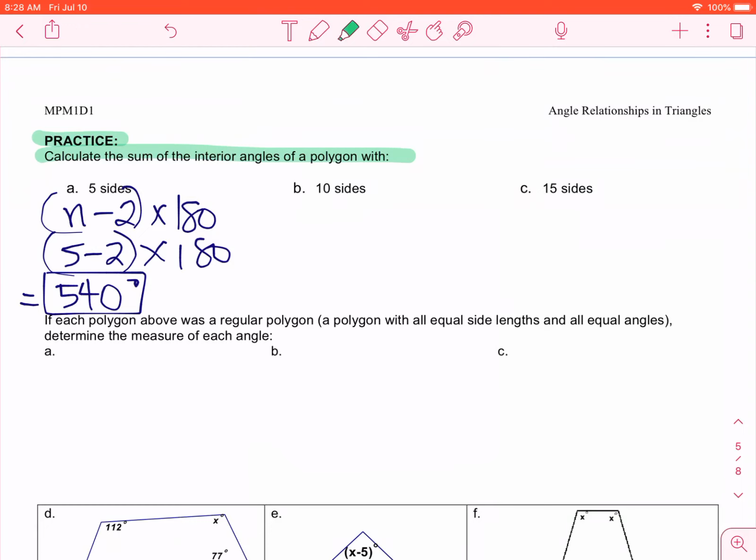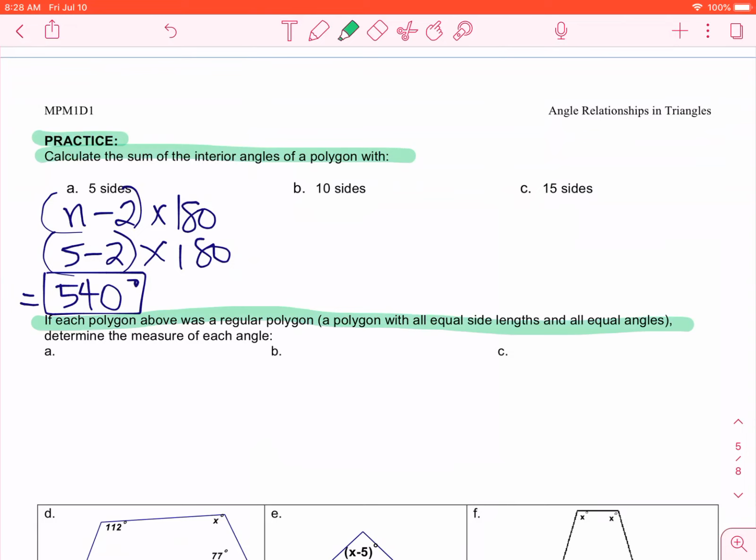Now, we can further that if each polygon above was a regular polygon. Regular polygons have all the same sides and same equal angles. It's possible to have a pentagon, but that pentagon may not be a regular polygon because that pentagon might have different angles and different sides.